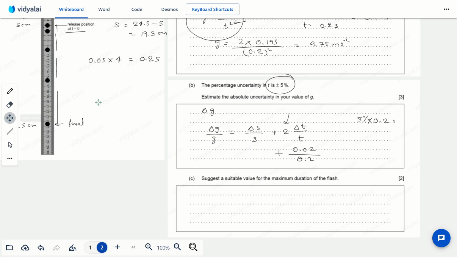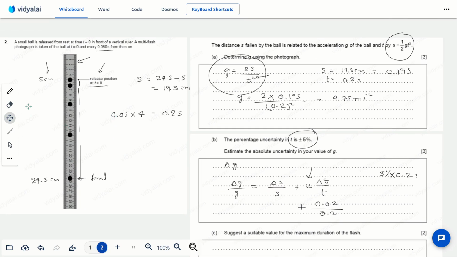Delta s, the absolute uncertainty in s, because we are using a meter ruler and the least count of this meter ruler is 1 millimeter. So we can just simply take that as our uncertainty. I'm going to take 1 millimeter, which is equal to 1/1000 of a meter.